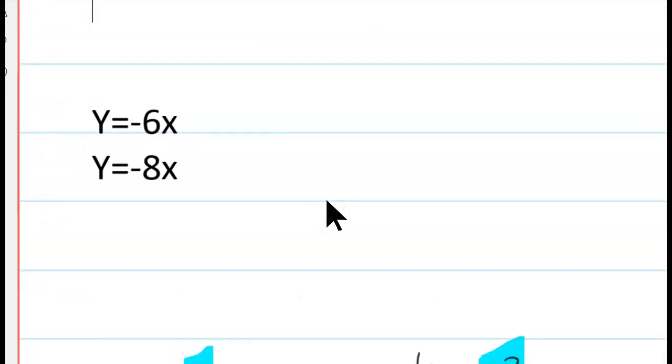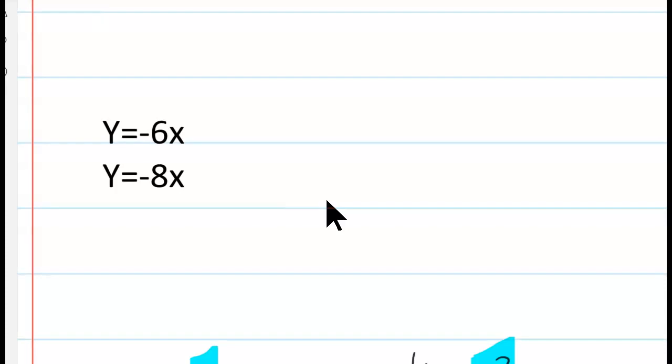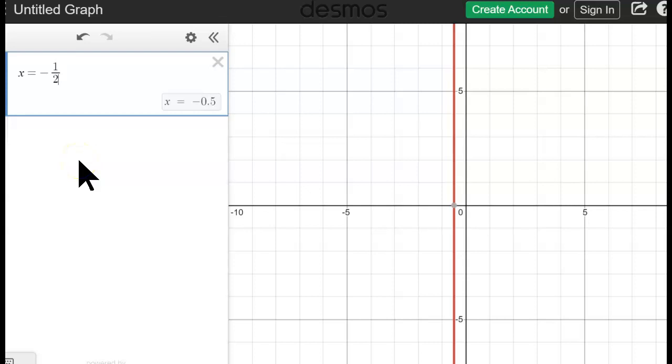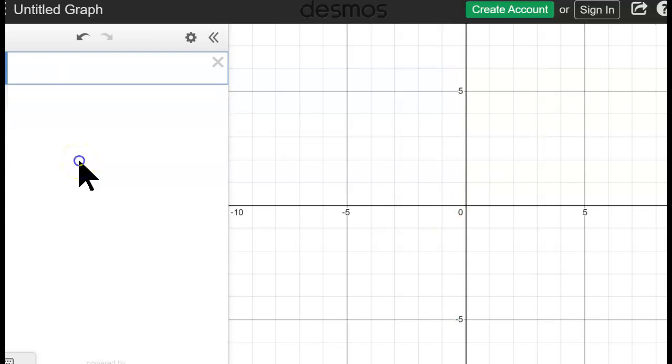Alright, so now let's see how changing this part of the equation changes the line. So we're going to put it back. Slope-intercept form means you put your y first, you put an equal sign. So this is slope-intercept form. y equals some number, doesn't matter what. So let's put, how about 1, x. Alright, so there's our equation right there. So what happens if I change just that slope?